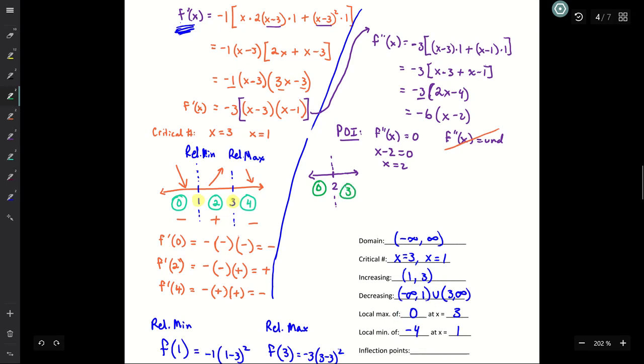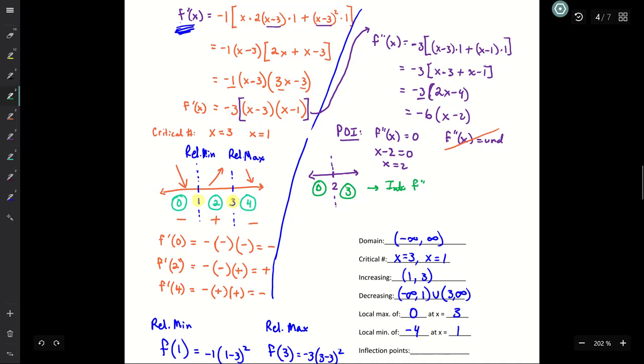But the difference here is you take those and you plug those numbers into the second derivative. And the second derivative is going to give you the concavity. So if you have a positive value, that will say it's concave up. If you get a negative value, it's concave down. Okay, so I'm going to put a little note here and say into f double prime.